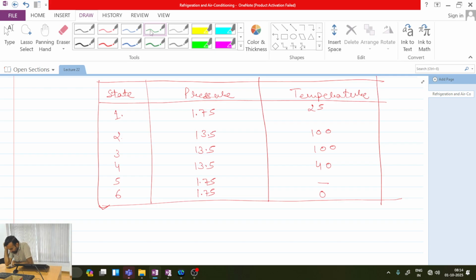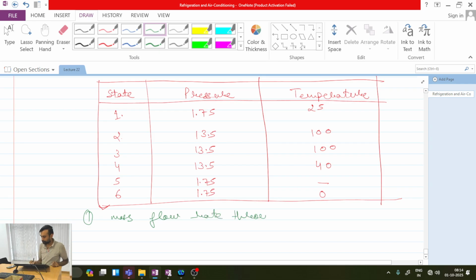After that, we have to determine mass flow rate through the evaporator. So the first part which we need to calculate is mass flow rate through evaporator.